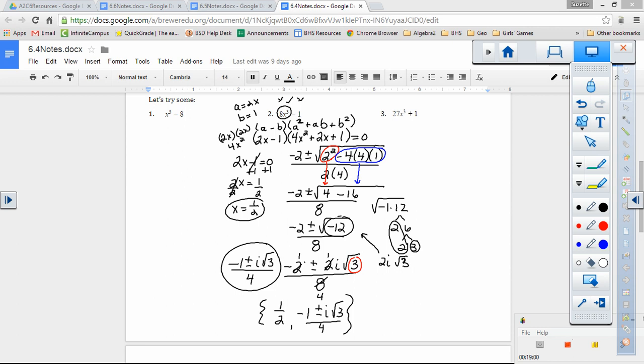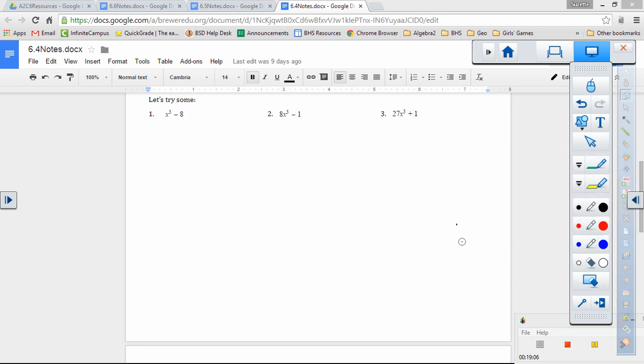Okay, one more. Number 3, again, let me clear the board so I have room. Again, let's break it down, see if it's a perfect cube. So I have 27, right? So what times itself again gives me 27? 3 times 3 is 9, times 3 is 27, so 3, and then x cubed is going to be x times x times x.